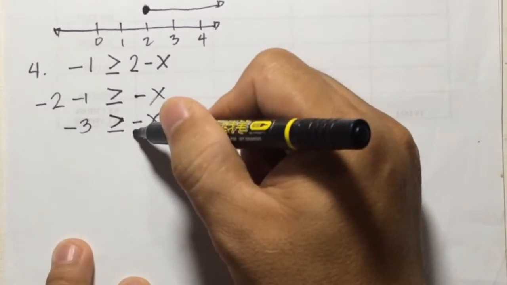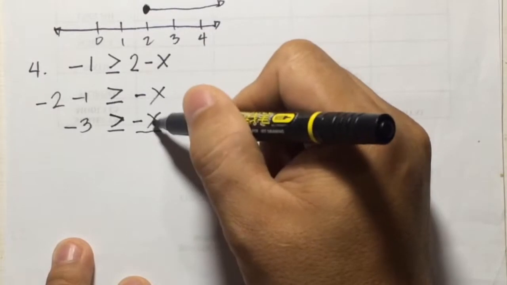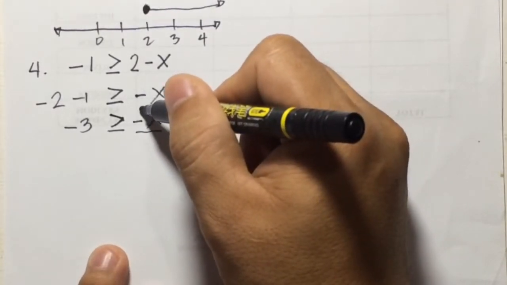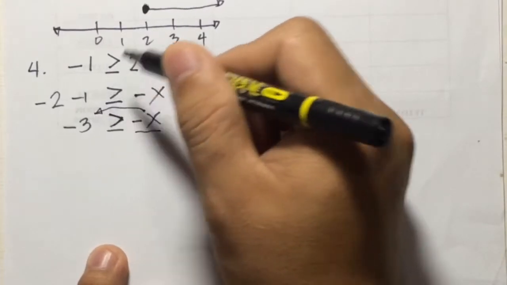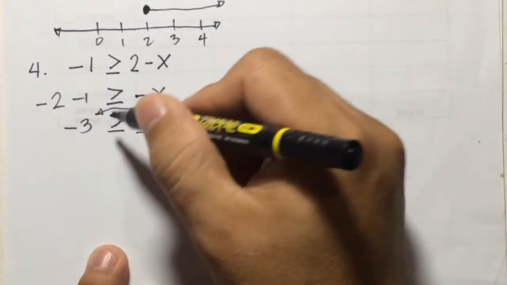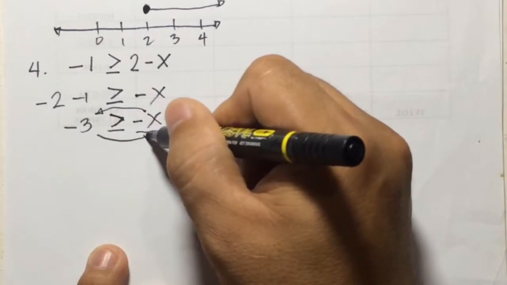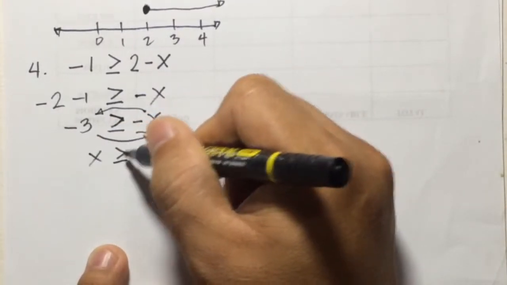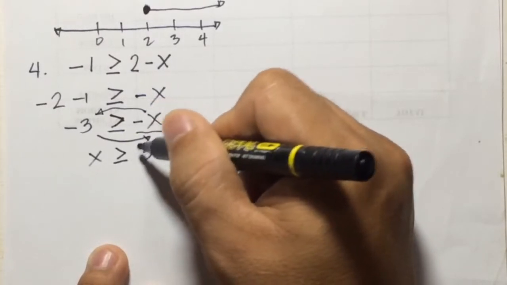Since this is negative x, we're going to make this one positive. So we'll just simply transpose that one to the left side of the equation, and the same with negative 3 here. So we're going to have our answer as x greater than or equal to 3.